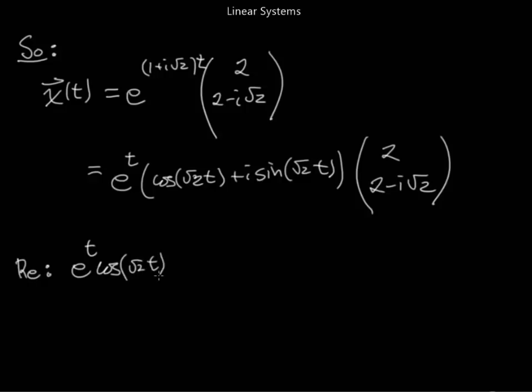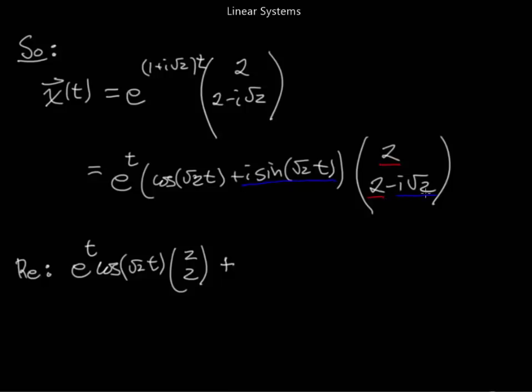Well, the e to the t part comes out, and you get e to the t cosine radical 2t. And then, that's real, so I have to take the real parts of this vector, which is 2, 2. I also get a real part from the sine term as follows.